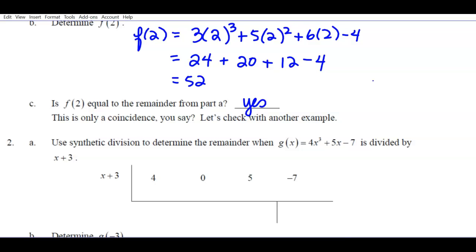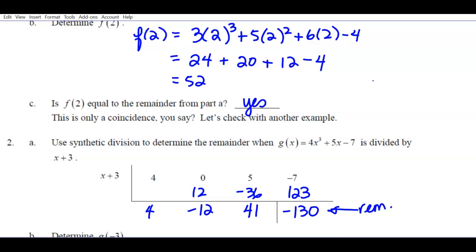Same thing here. Right, and that's your remainder. Okay, so we've done two examples with synthetic division.